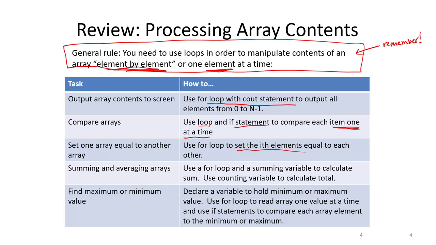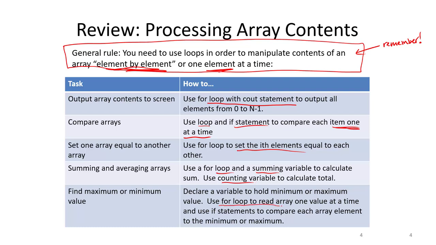Also, for summing and averaging, we need to use a for loop with a summing variable and a counting variable. We calculate how many things are in our array, and we calculate the cumulative sum. And finally, for finding minimum and maximum, we can use a similar approach.